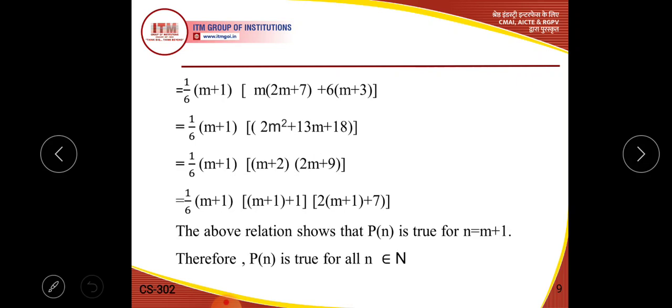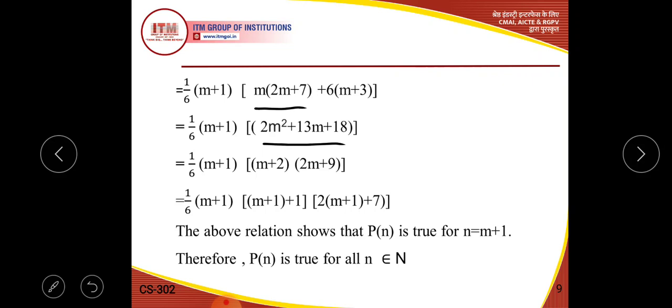After that, which is equals to 1 upon 6 m plus 1, you multiply m into 2m plus 7, we get 2m square plus 13m plus 18. We get finally a quadratic equation in m.